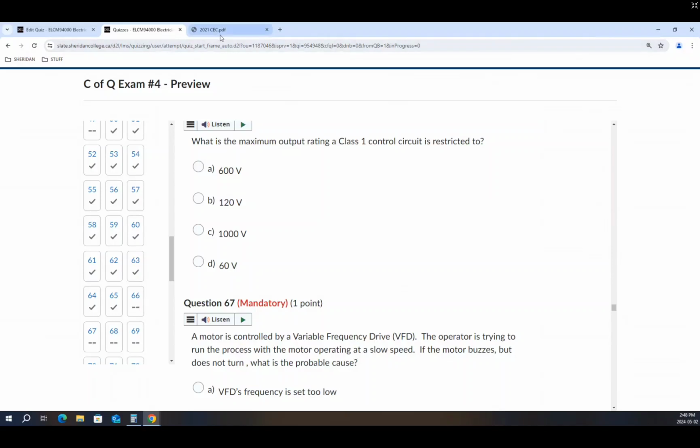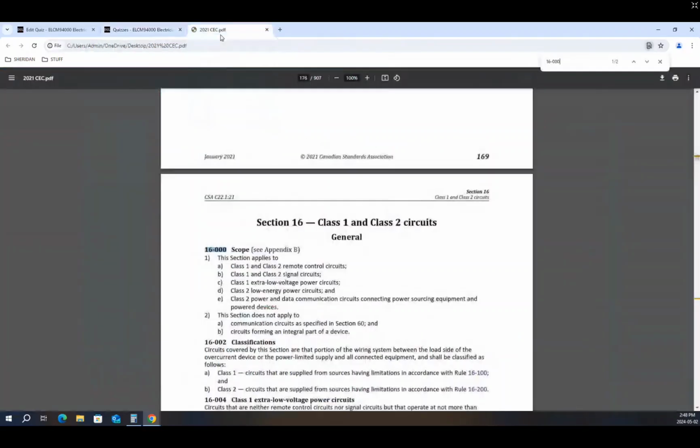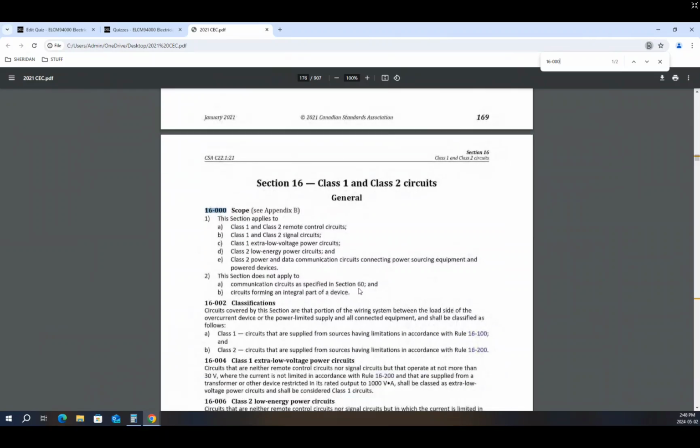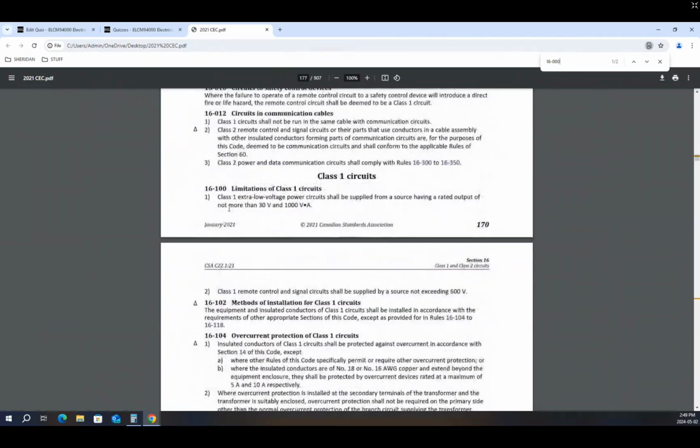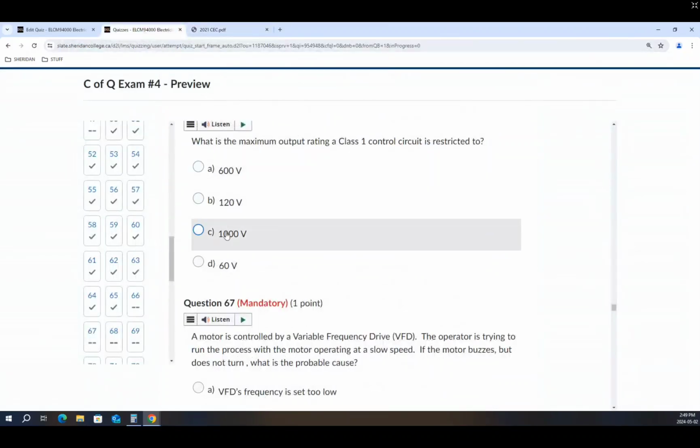The maximum output rating of Class 1 is restricted to limitations. Class 1 extra low voltage power shall be supplied with a source rated output not more than 30 volts and 100 volt amps. Class 1 remote signal shall be supplied by a source not exceeding 600 volts. 600 volts.